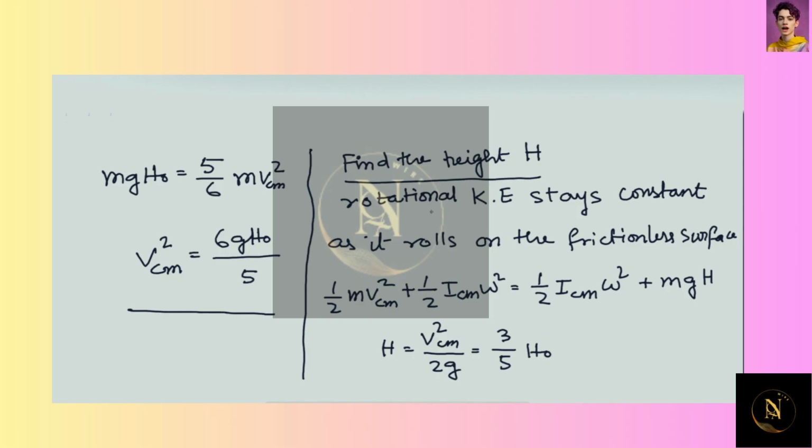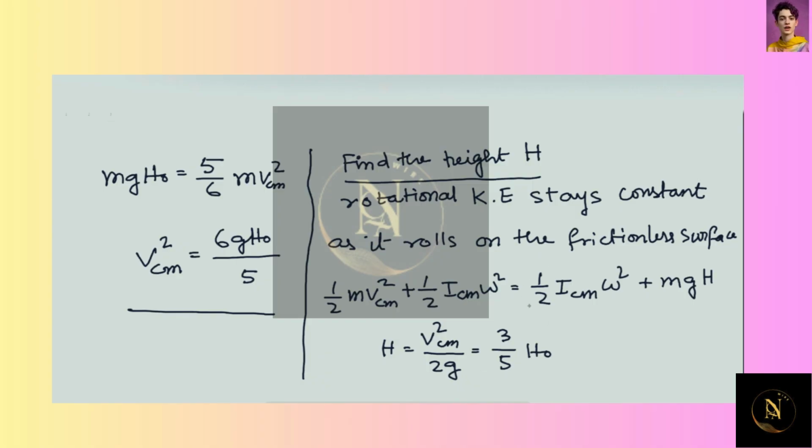So in the second part, the rotational kinetic energy stays constant as it moves up the smooth surface. On the valley there's only kinetic energy, so we have the rotational part and the translational part. But since the rotational part stays constant, then when the ball reaches height h, we'll have a potential energy plus a rotational kinetic energy, and this will be unchanged.